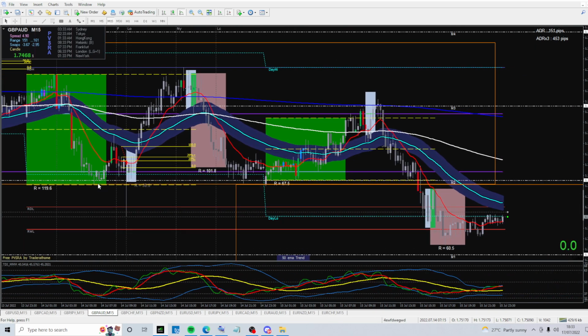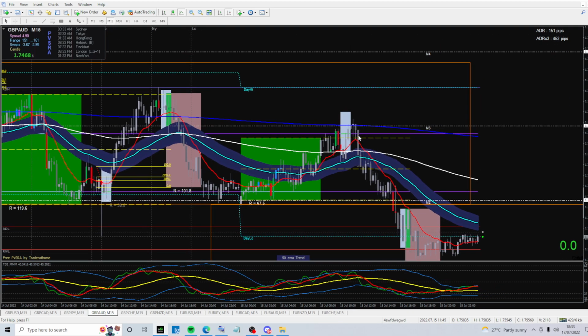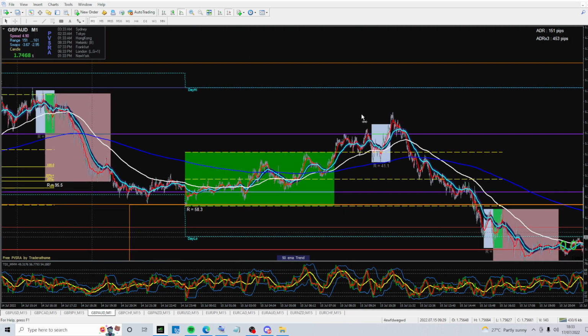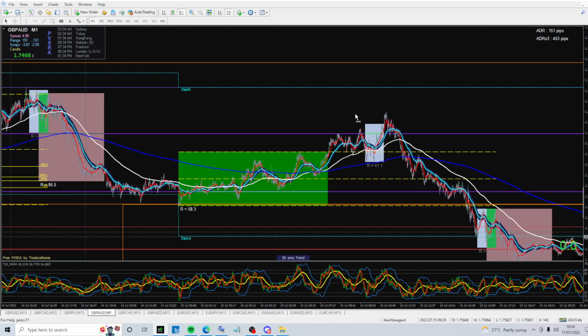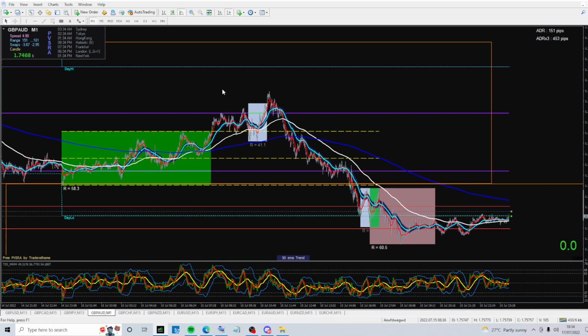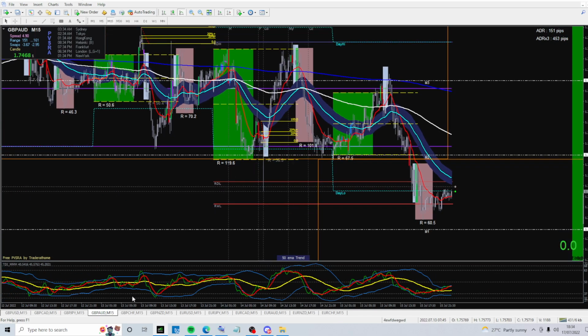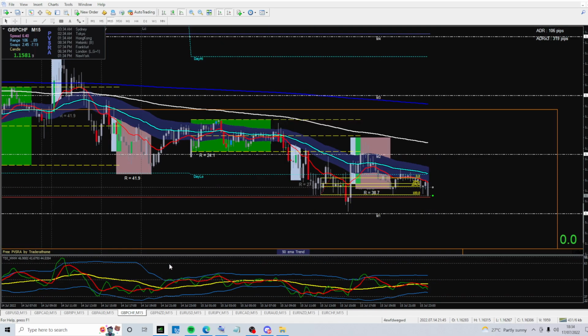We'll get another one up. So we're on this pair. Let me just check. I don't know if we're on this pair or a different pair, but I do have something to show you. No, we're not on this pair. I think you're on GBP CHF. No, I can't remember what pair it is.